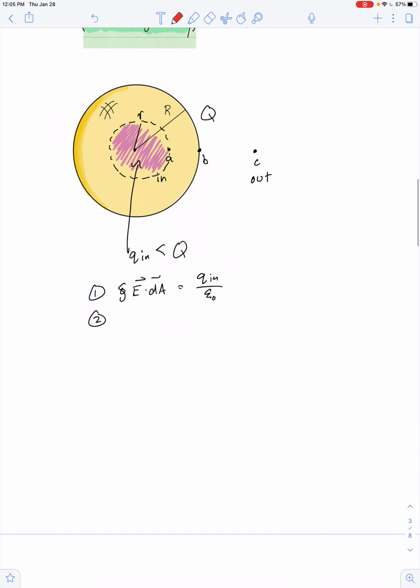So I'm going to create just a small patch of area on the surface of my Gaussian surface, and some electric field lines are passing through it, and then I pick another little portion. The electric field passing through here is drawn of the same length as the electric field here.